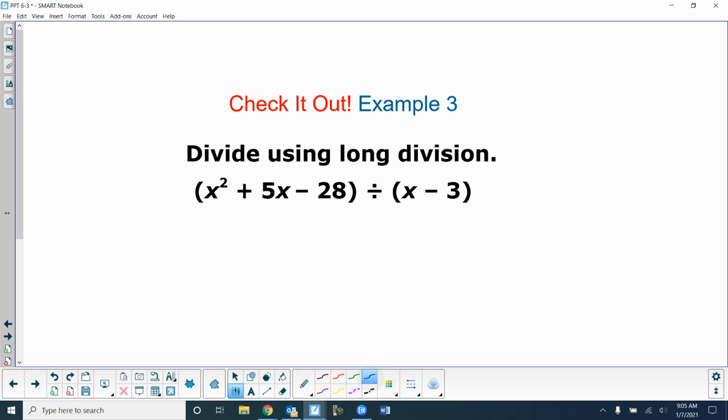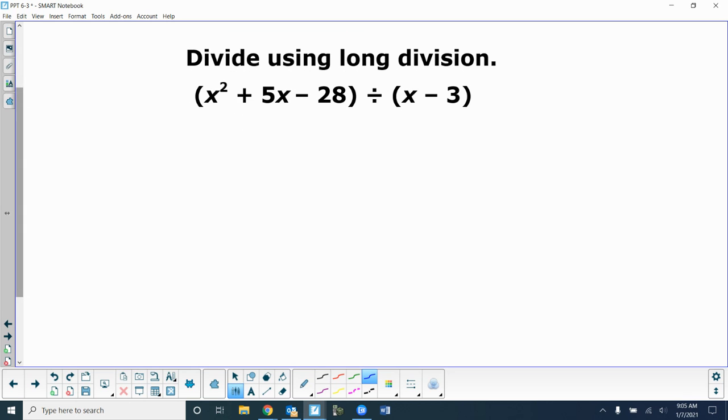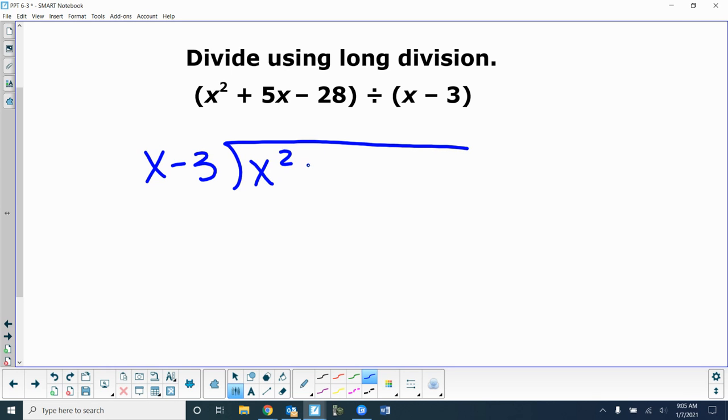Pay attention, please. Do I have to add any zeros? No. So what's x squared divided by x? X. That goes up top. What's x times x? X squared.